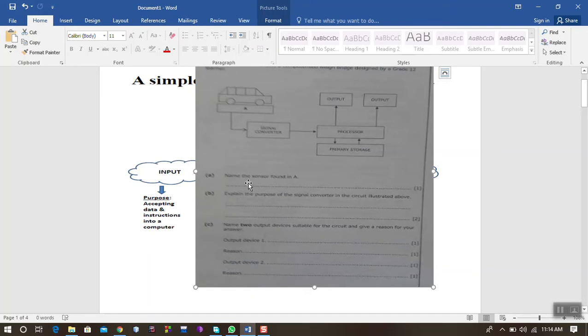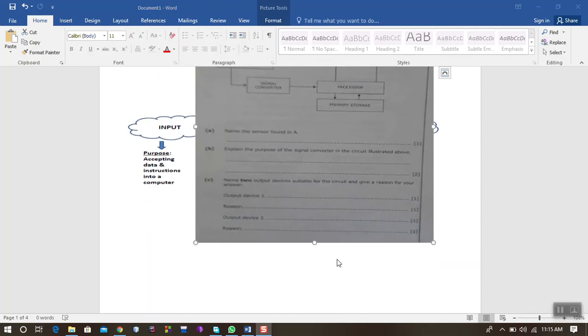So name the sensor found in A. As you can see, this is taking the weight of the car. So this is supposed to be the weight sensor to take, I don't know if it's the kgs or what, for this car into the processor. So the A is supposed to be the weight sensor.